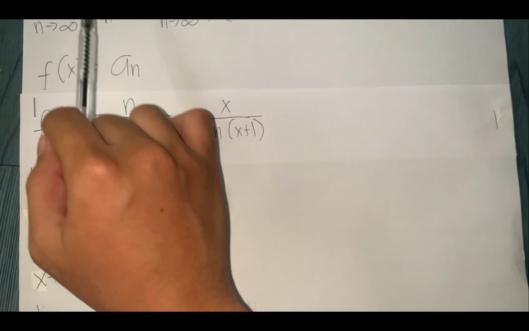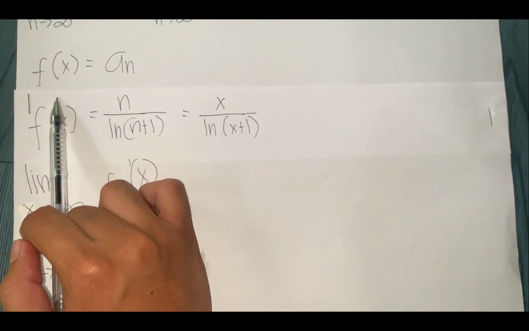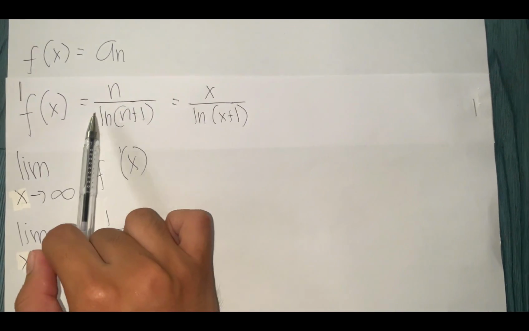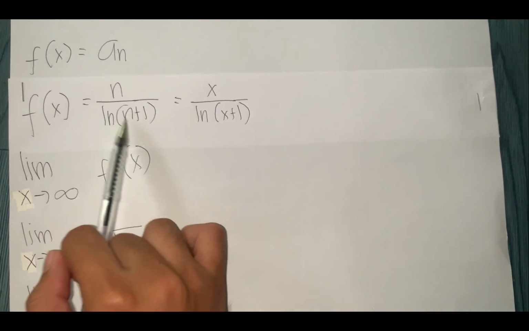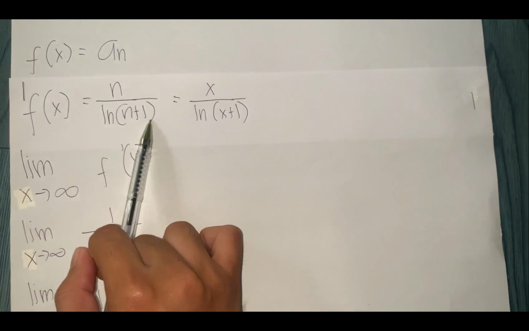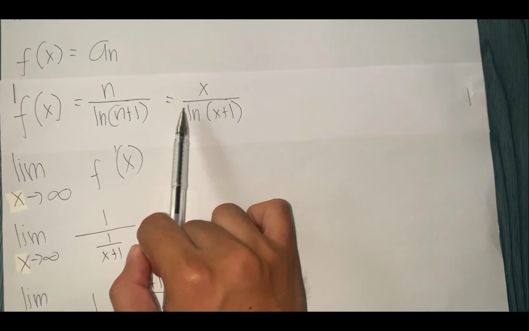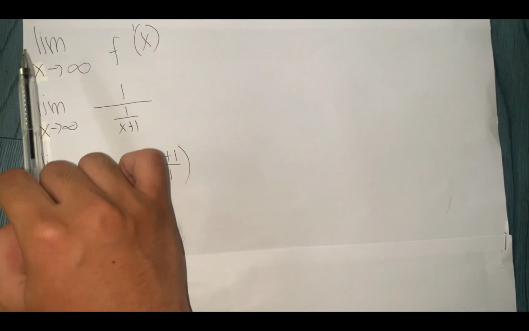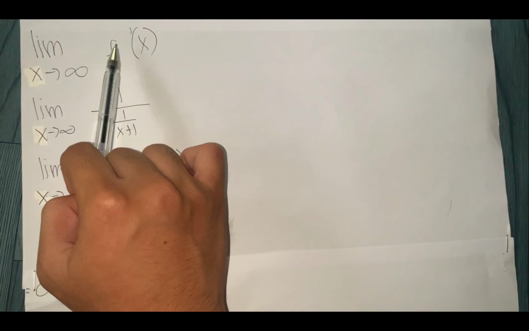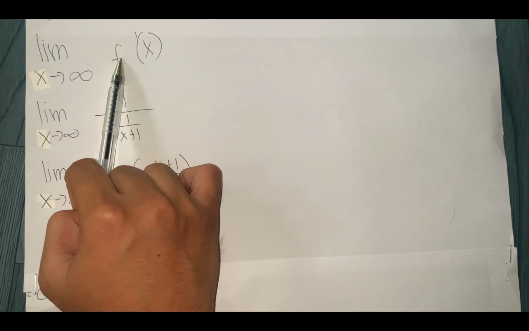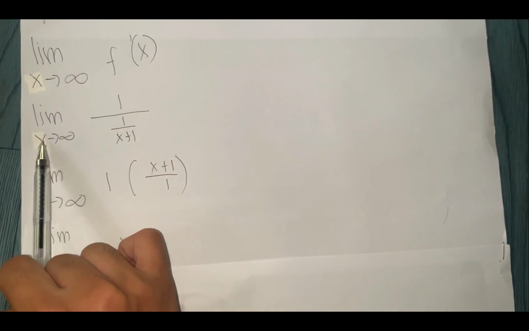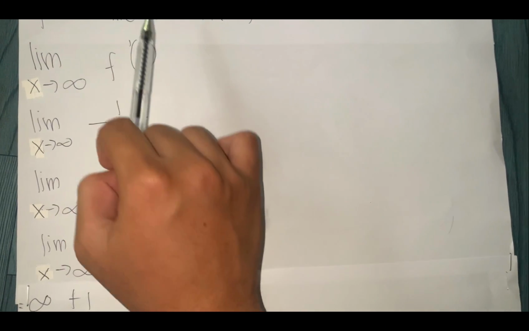From a sub n, we are going to convert it to the function f of x. So f of x equals x over ln(x+1). Then we take the limit of the first derivative as x approaches infinity.